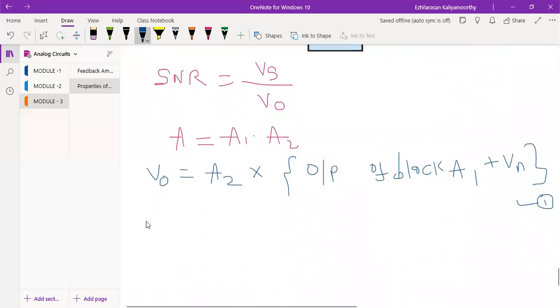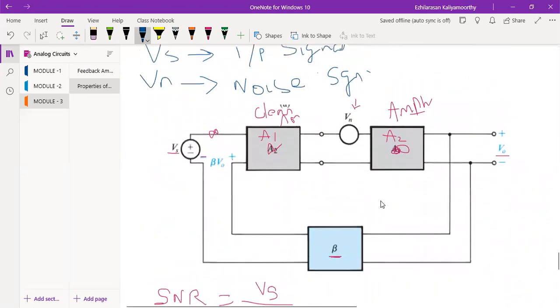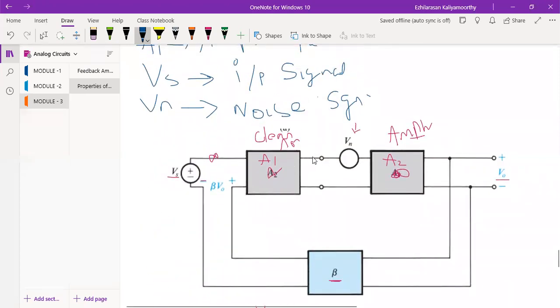Now V0 is equal to A2 into the output of block A1. What is the output of block A1 here? At this place, I will get this signal: Vs is plus, and here the minus is connected, beta, where V0 is fed back. So I get beta into V0.